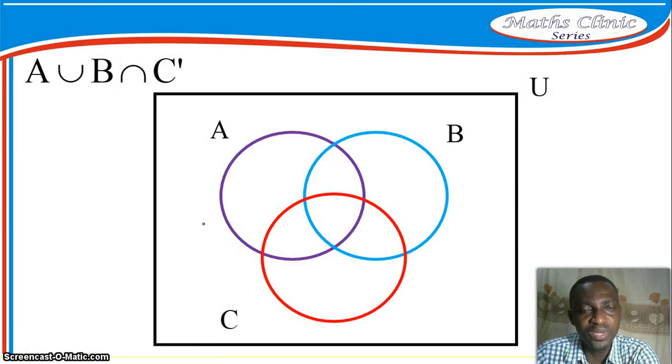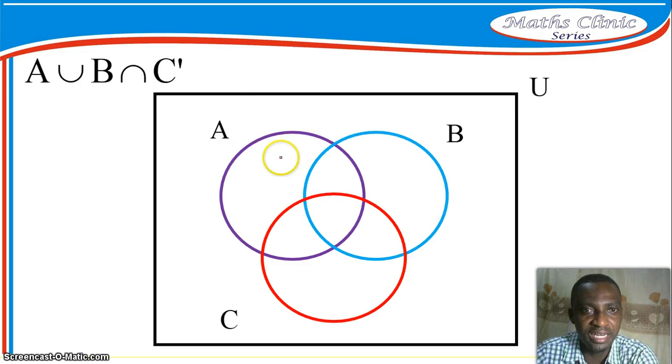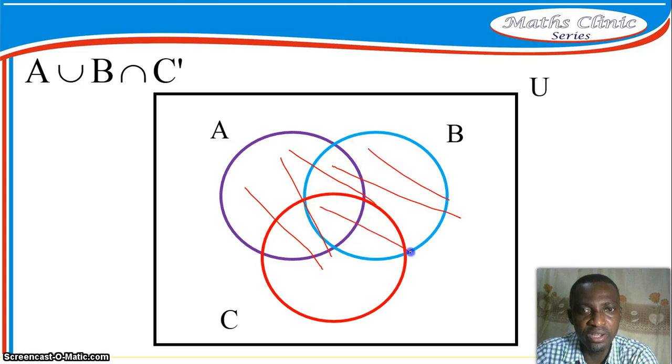You can pause the video once again and try. Alright, so this is the final one. Let's see. A union B means all in A and all in B. Then intersection C complement.